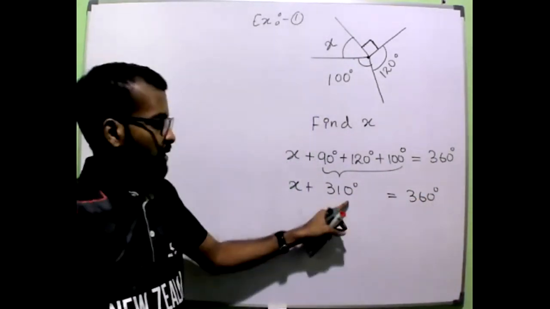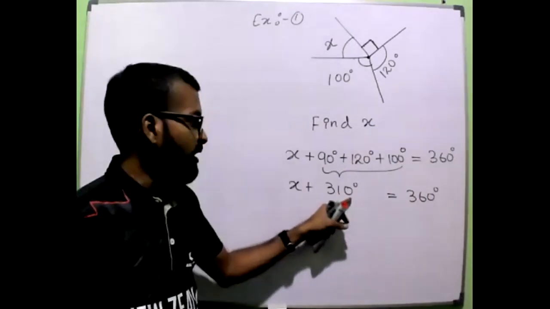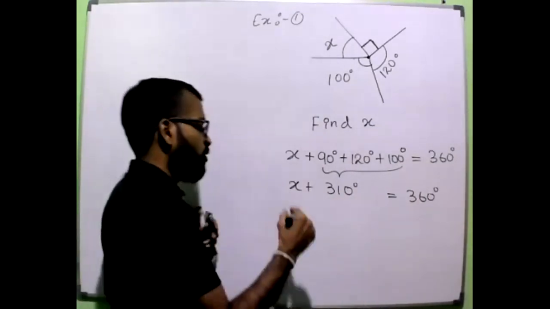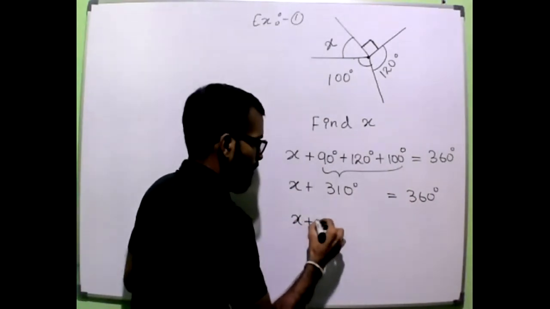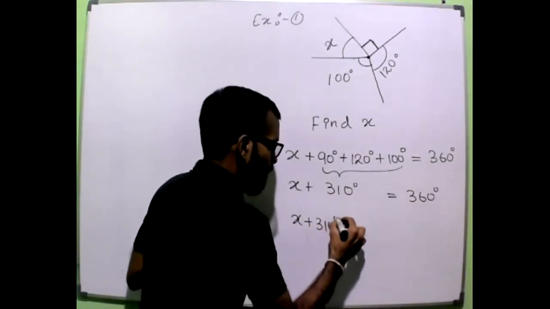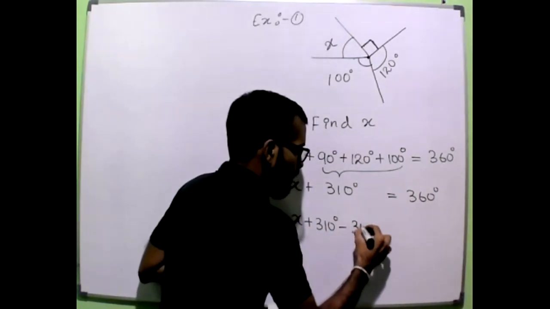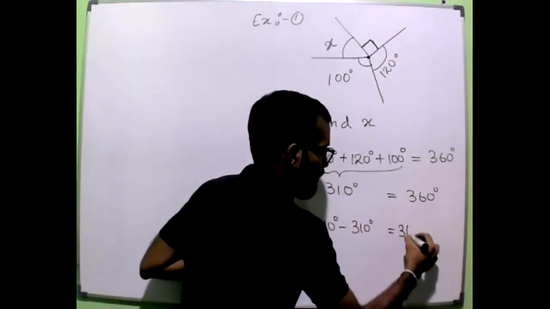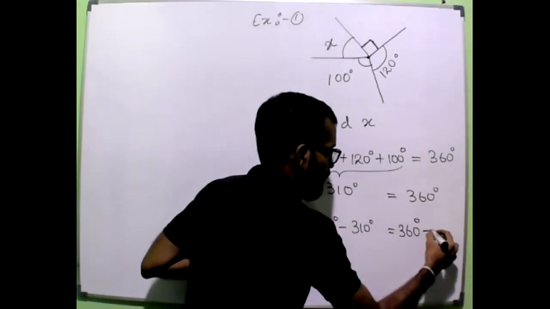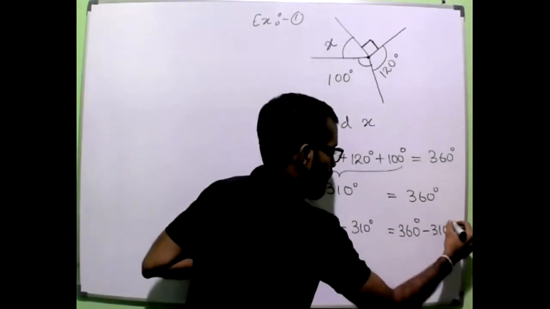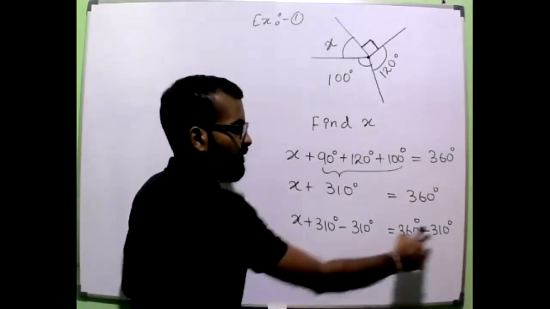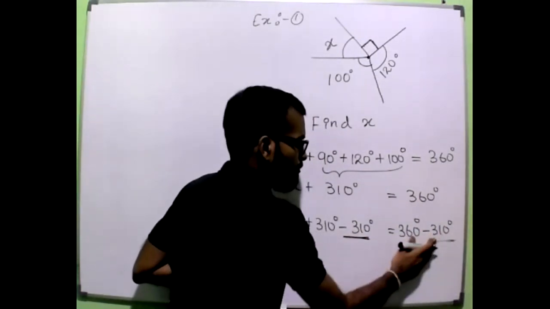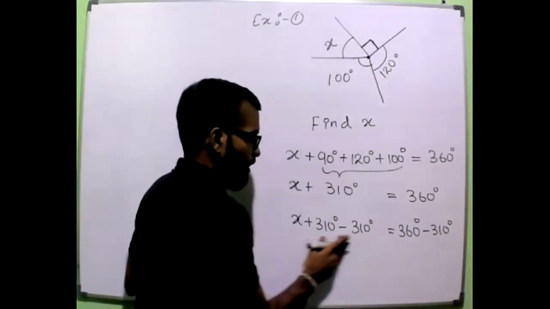Now, to remove the positive 310, we do negative 310. You have to do the same thing for both sides: 360 minus 310.